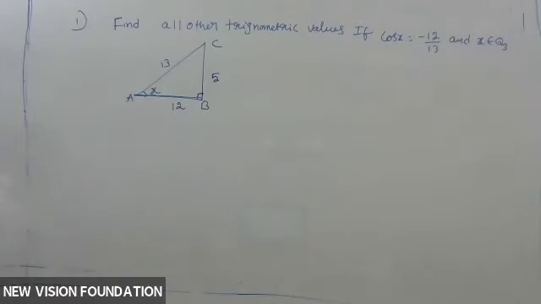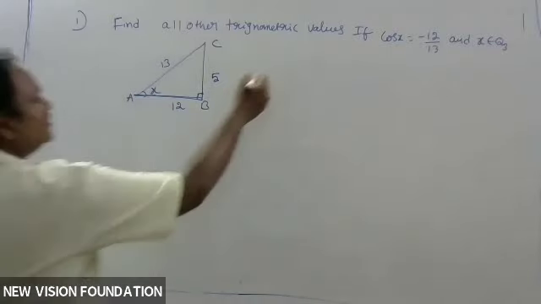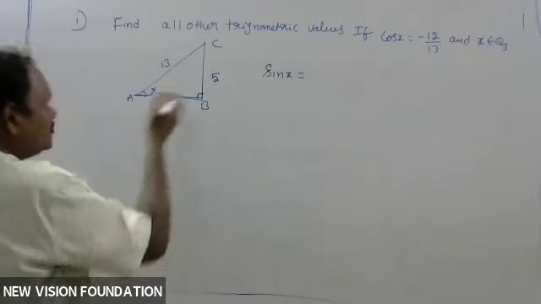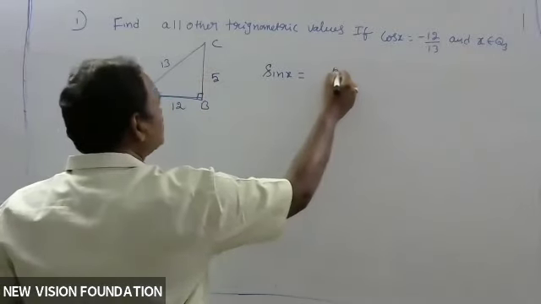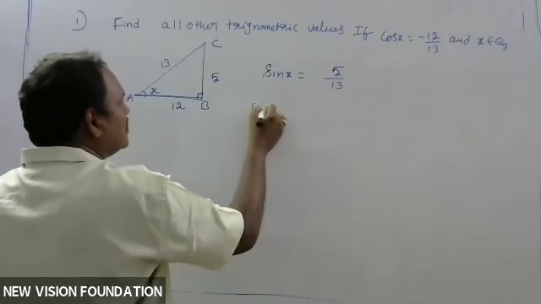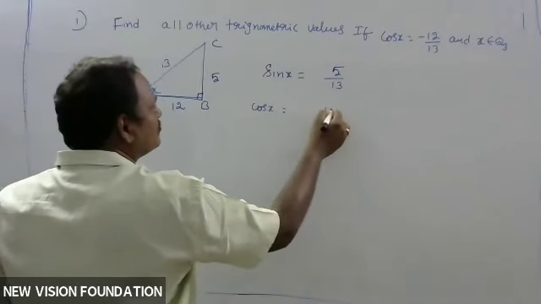In quadrant 3, you know that tan theta and cot theta are positive. Now let us get sin x. Sin x is opposite side by hypotenuse, that becomes 5 by 13. Cos x is already given, 12 by 13.